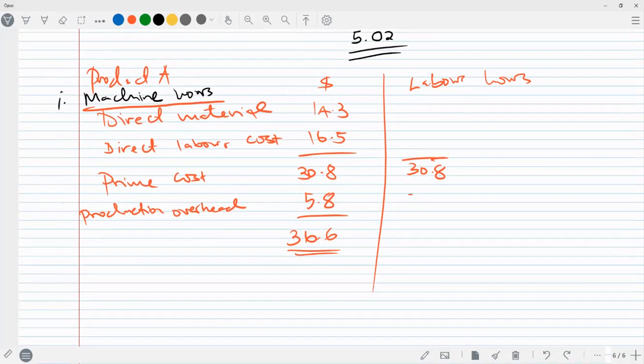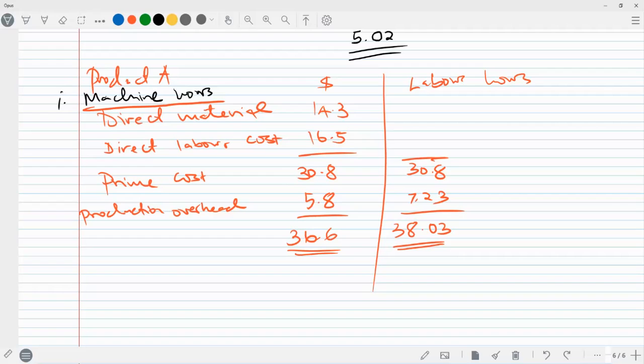Therefore plus 7.23 gives 38.03. Confirm. Yeah, okay, that's 38.03.